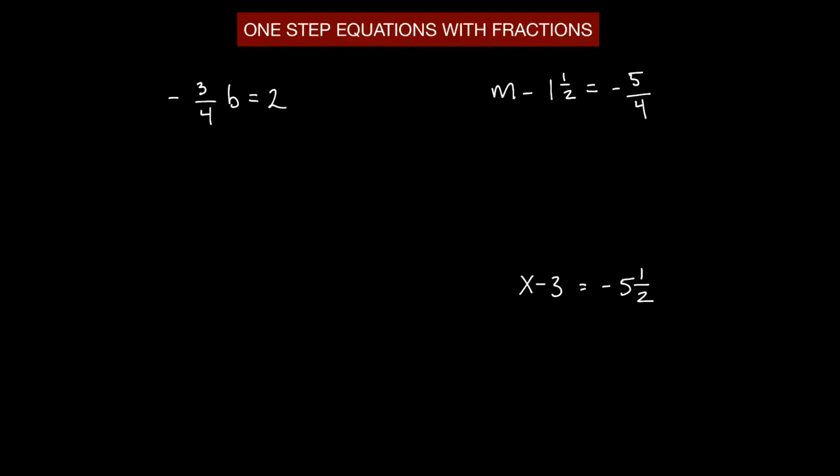So if we multiply both sides by negative 4/3, these cancel out. The negative times a negative turns into a positive, so we're left with b by itself, and then 2 times negative 4/3 gives us negative 8/3.